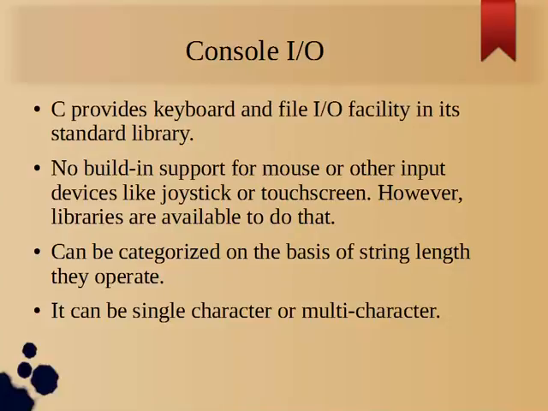Now, C functions can be categorized on the basis of string length they operate on. Strings may be one character, strings may be multi-character, they can be arbitrarily large, right?